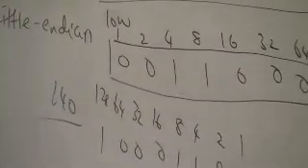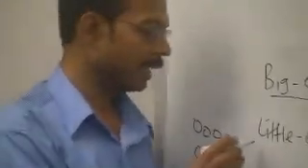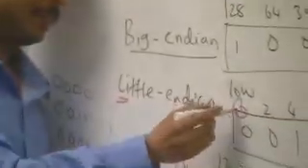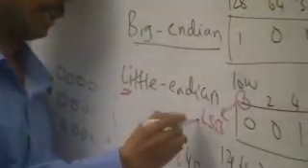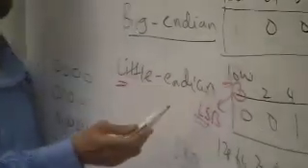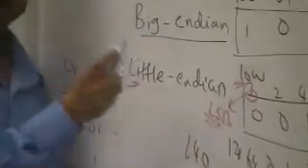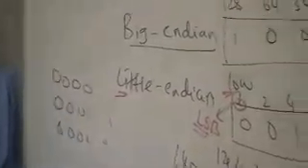So how to remember this? I can give one clue. For little endian, the least significant bit goes at the low memory end. Once you can remember that, the big endian is the opposite. The least significant bit goes at the high memory end.